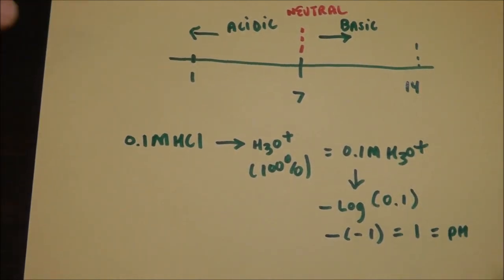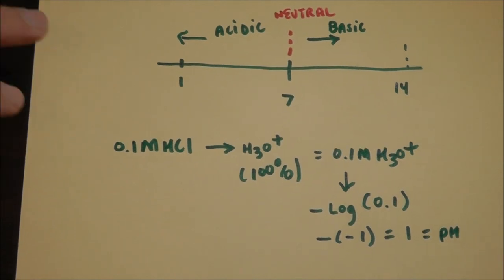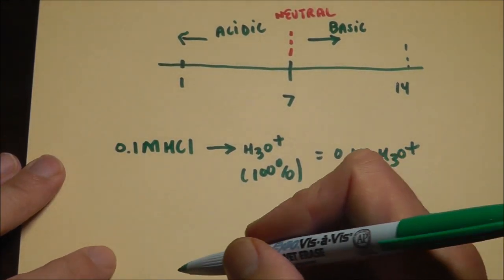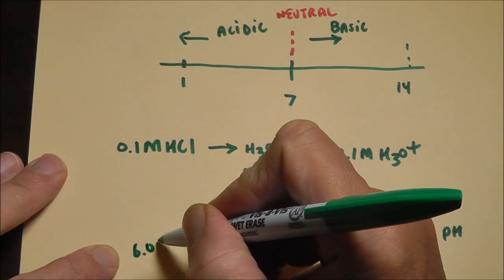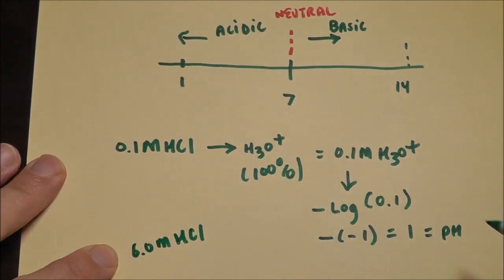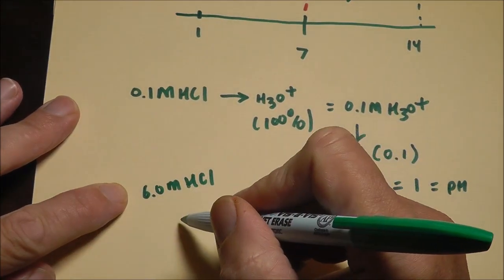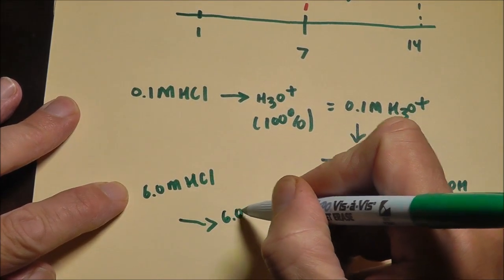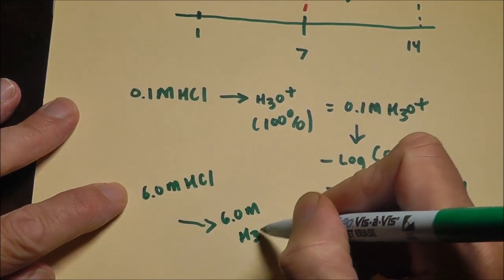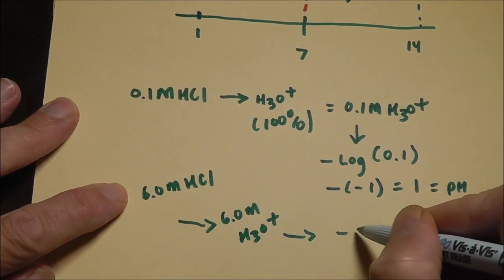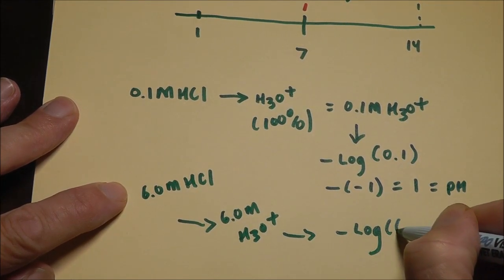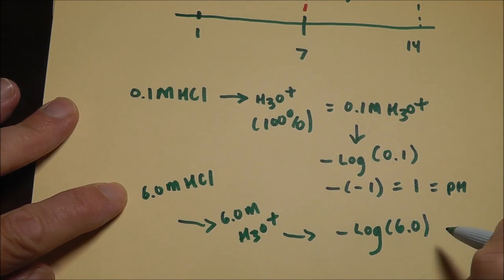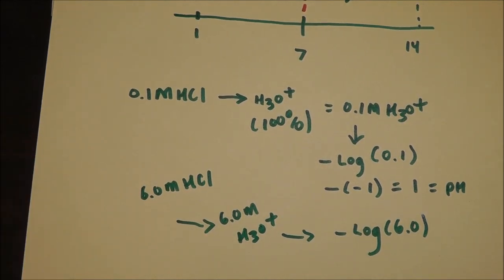It can go above 14 and it can go below 0. For example, let's say I had 6.0 molar HCl. That would be 6.0 molar H3O plus, minus log of 6. Now 6 is greater than 1, so it's going to have a positive logarithm.